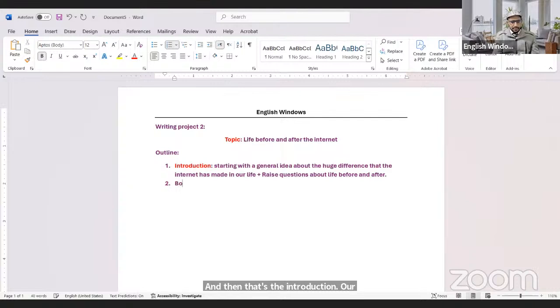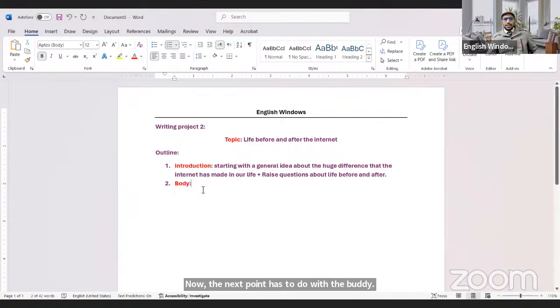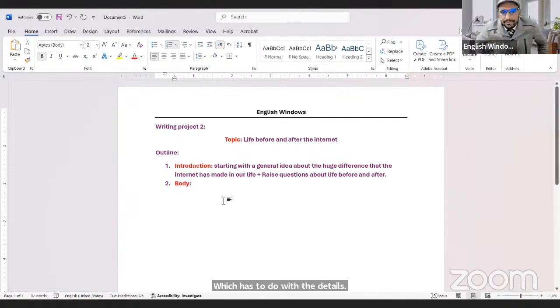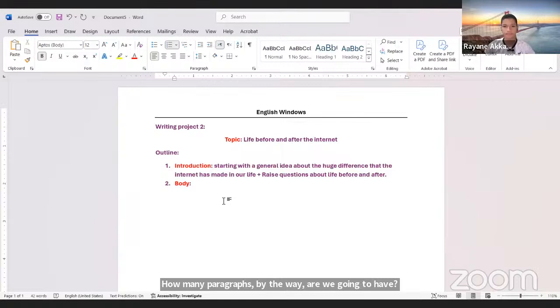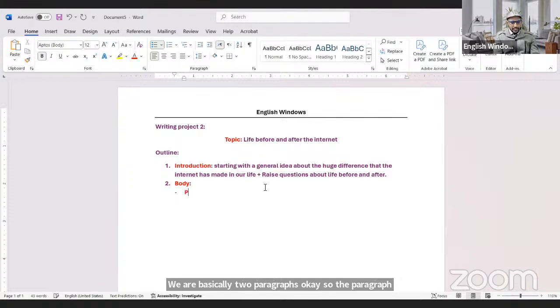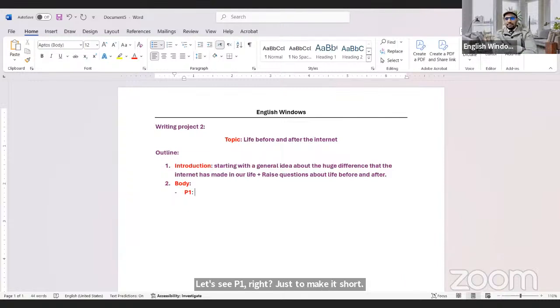Now, the next point has to do with the body, which has to do with the details. So, what are we going to discuss here? How many paragraphs, by the way, are we going to have? We have basically 2 paragraphs. So paragraph 1, to make it short, what are we going to discuss in the first paragraph?